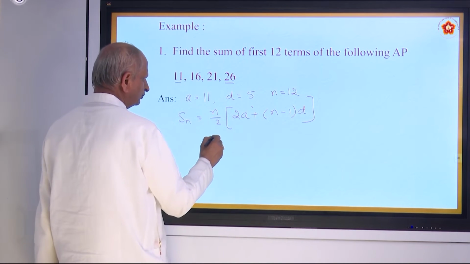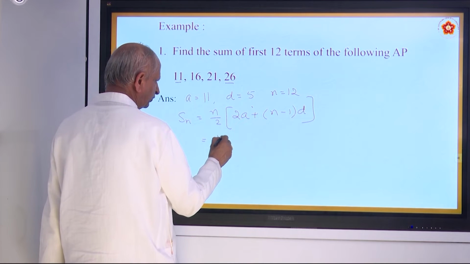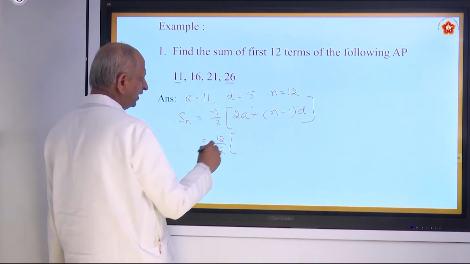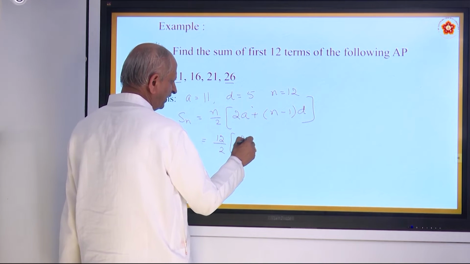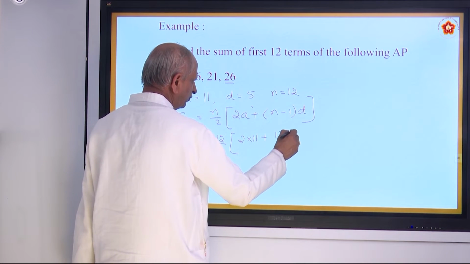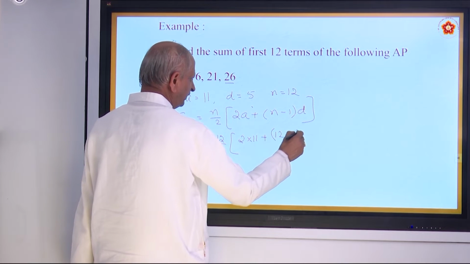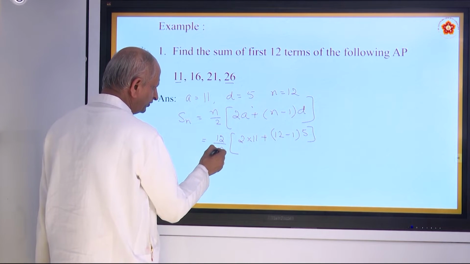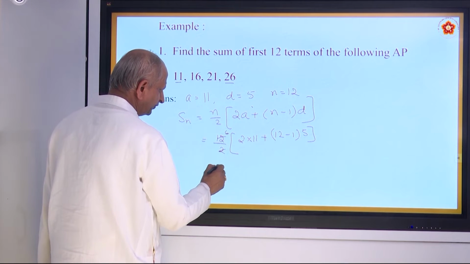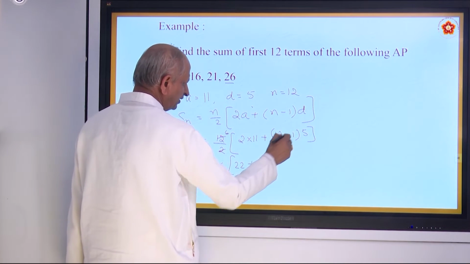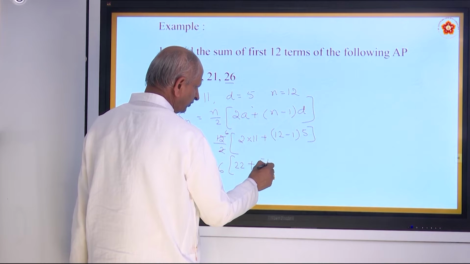So, n by 2, it is 12 by 2, into 2a, 2 into 11, plus n minus 1, 12 minus 1, into d, that is 5. That is equal to 2 ones are 2, 6 are 6, into 22 plus 11 into 5, 55.